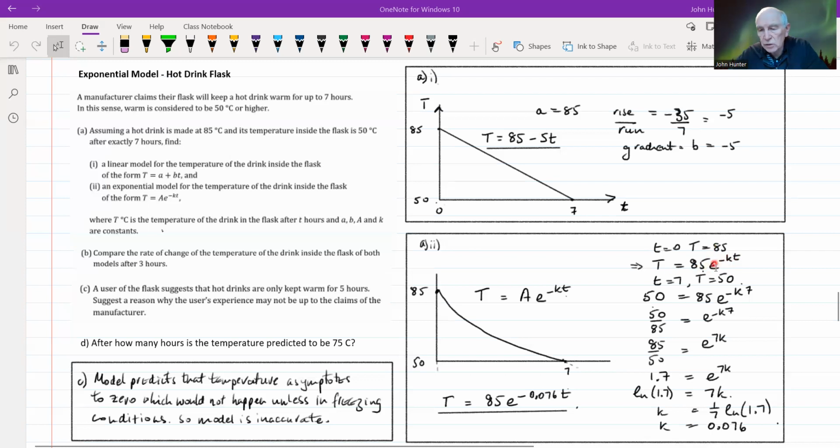And of course, the Euler's number term here is going to be 1. t is 0, so this whole thing is 1. So therefore, A is going to be 85. So we know big T is 85 when little t equals 0.